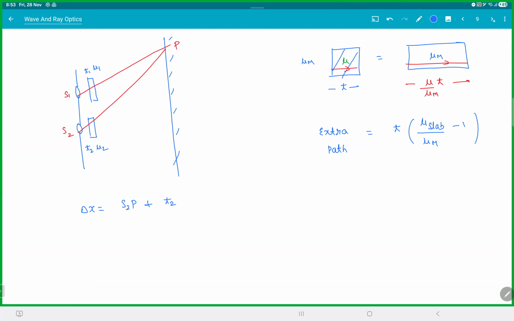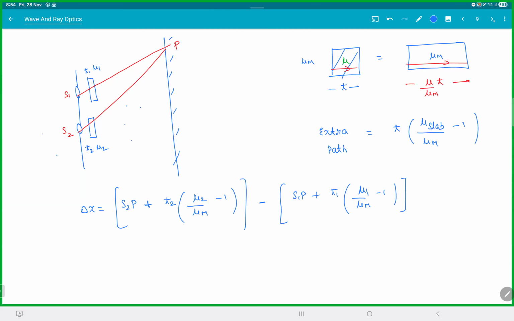Let's say this whole region is surrounded by a medium also. If it is vacuum, you will take 1 anyway. The extra is T2 (mu2 by mu medium minus 1), minus the light ray traveling through S1, which will think it has traveled T1 (mu1 by mu medium minus 1).